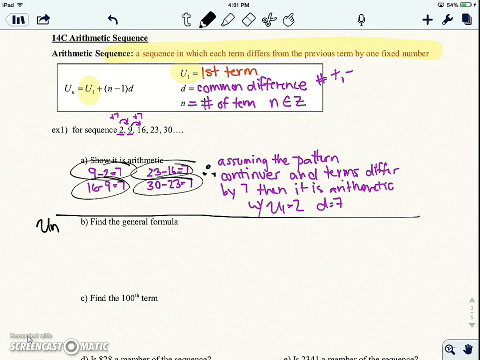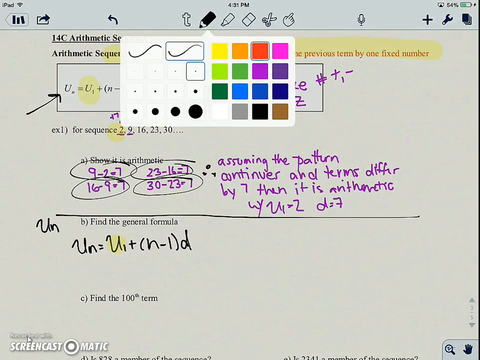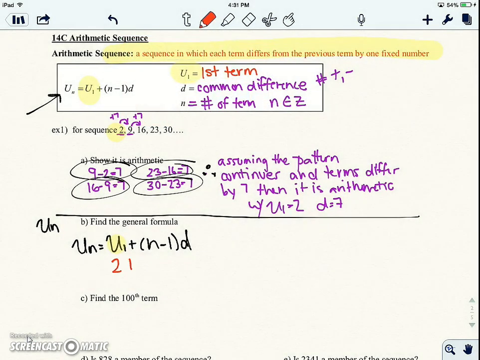So we start by writing down this formula. U of n equals u sub 1 plus n minus 1 times d. And then let's see what we know. We know that our u of 1 is 2. Okay. We don't know what n is because n is just the variable. That's what we plug in for.